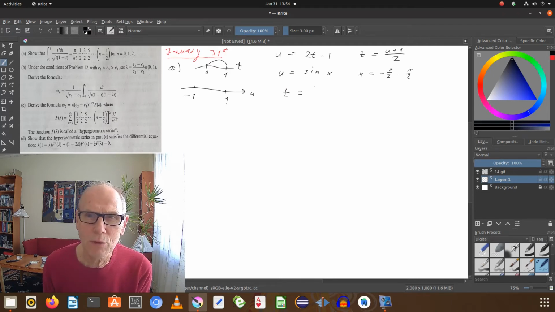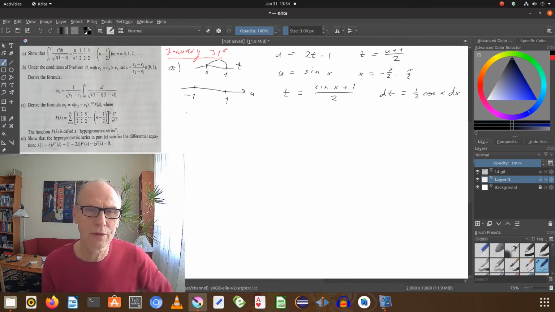T equals (sine x plus 1) divided by 2, dt equals cosine x dx, and square root of t times t minus 1.